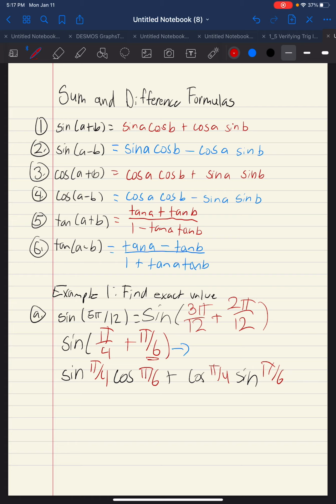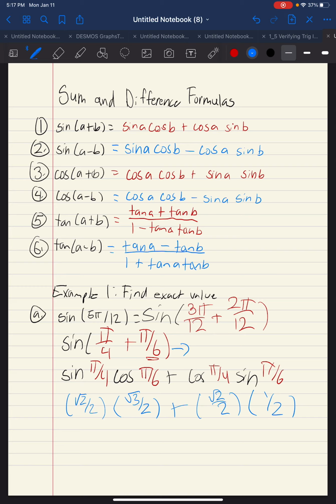Now you see how this formula comes in handy. Sine of pi over 4 is, in fact, in our unit circle. If you remember, it is square root of 2 over 2. Cos of pi over 6 is radical 3 over 2. And then we go plus. Now we do cos of pi over 4, which is also radical 2 over 2. And then sine of pi over 6 is 1/2.